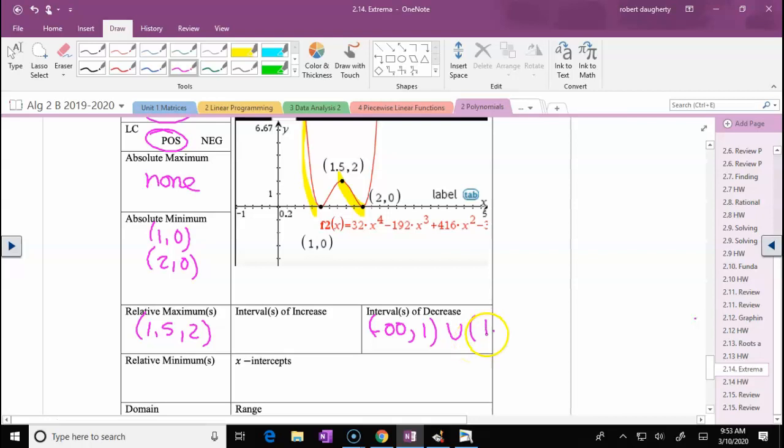Yeah, 1.5 to 2. Now, intervals of increase. Here's an interval of increase, and there's an interval of increase. What's that first interval of increase? Yeah, 1 to 1.5. And then what's the next interval of increase? Yeah, 2 to infinity.